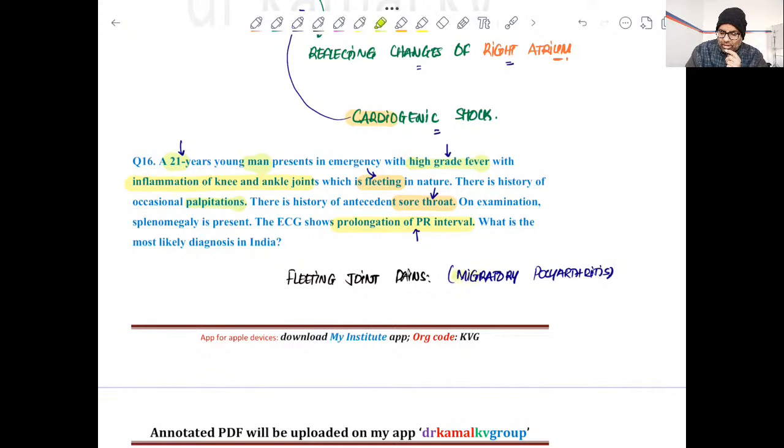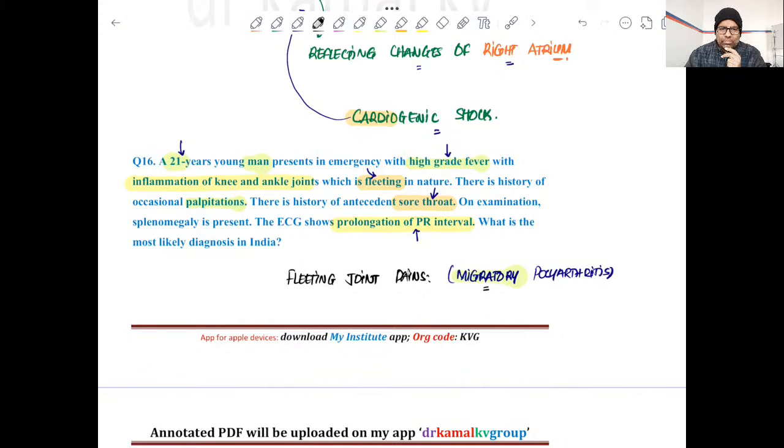Now migratory means moving from one place to another place. Here it means that on one presentation, a patient will say that there is pain in my knee and ankle joint. And when you call the patient after say 2 months or 3 months, he will say that my knee and ankle is okay, now I am having pain in shoulder joint.